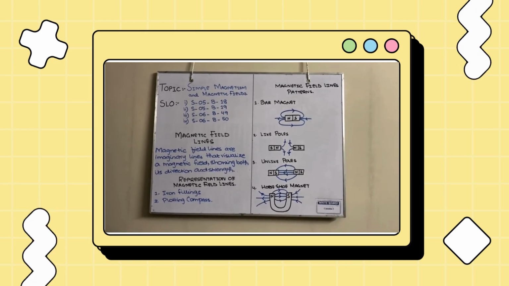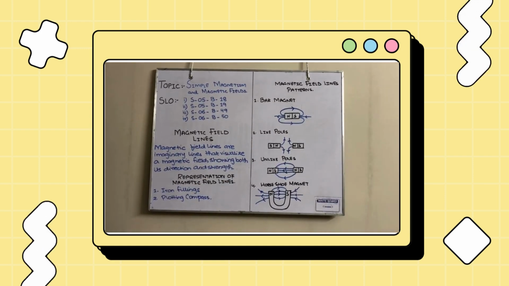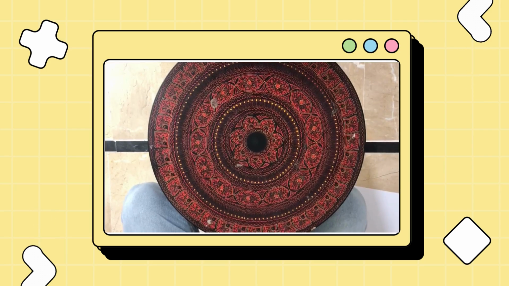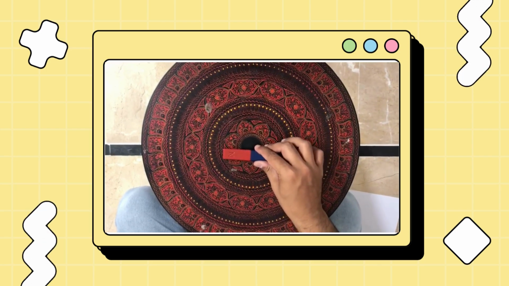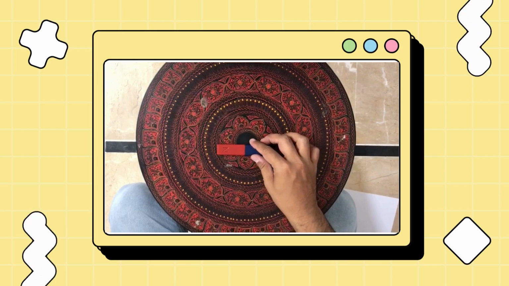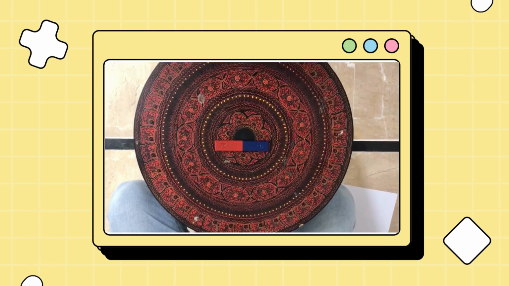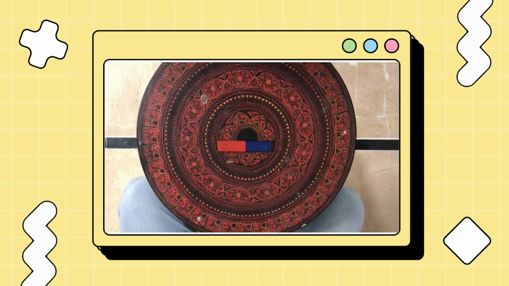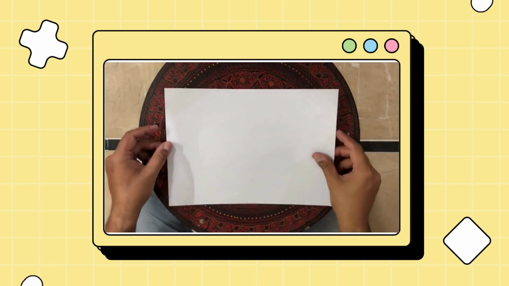Let's demonstrate magnetic field line patterns by iron filings. Let's look at the magnetic field line pattern of a permanent bar magnet. First, put a bar magnet on the table and then put a white sheet over it.